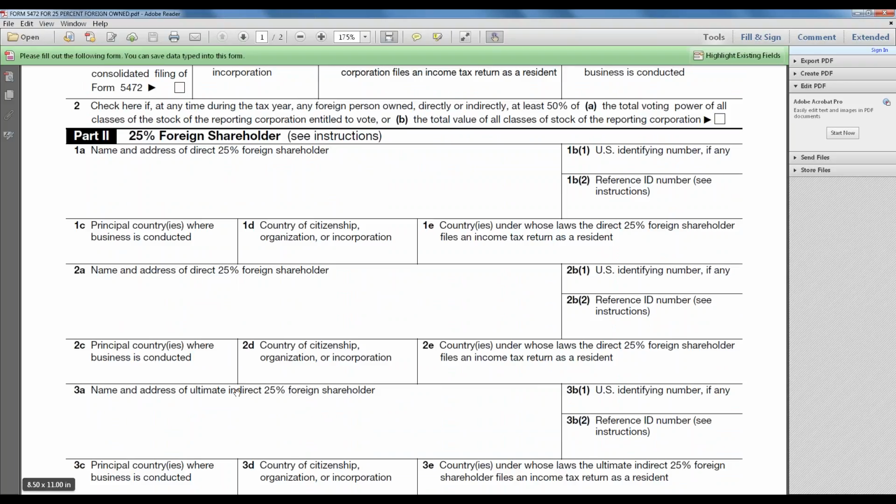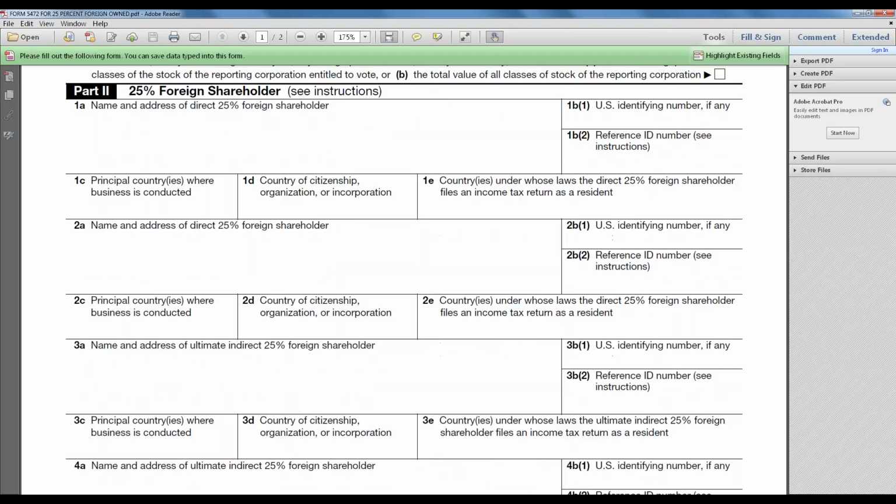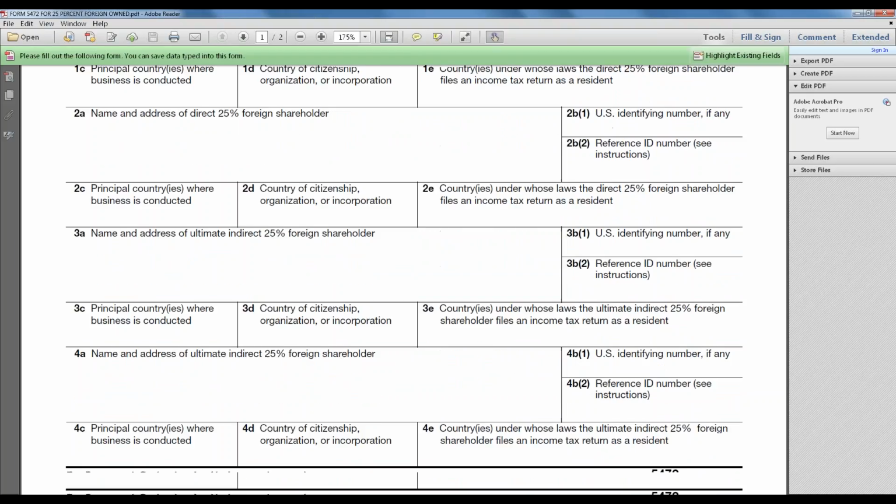Name and address of ultimate indirect 25% shareholder. So this is the case where you have a family person owning the shares for somebody else, and this is very common in many countries, especially those that have been under economic control, where people have a great fear of their government.